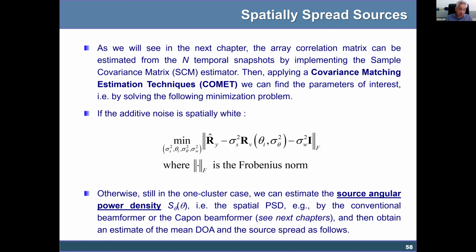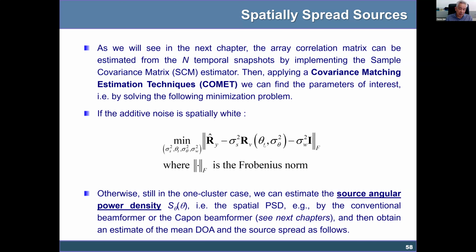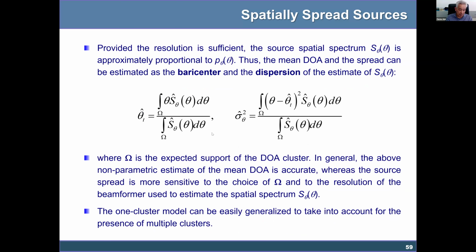So we estimate this function by using a beamformer, and then we calculate the barycenter and the dispersion of this distribution by using the definition of barycenter and dispersion. And this is more simple than the other from a computational point of view, so it's a different method.